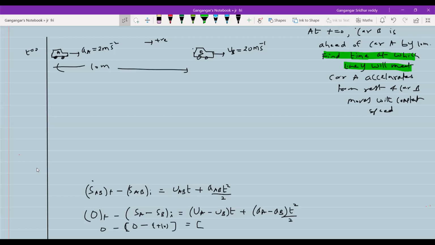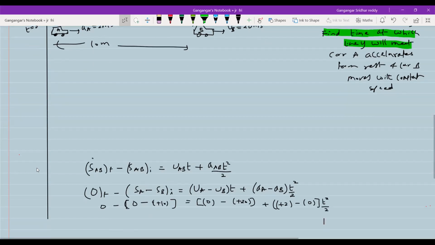Equal to initial velocity of car A, 0, minus initial velocity of car B, plus 20, times t, plus acceleration of car A, plus 2, minus acceleration of car B, 0, times t square by 2. So minus of minus will be plus 10 equal to minus 20t plus 2 minus 0, which is 2, 2 divided by 2, only t square.